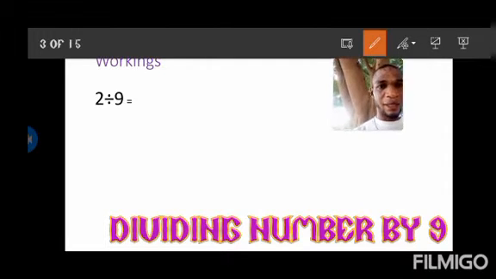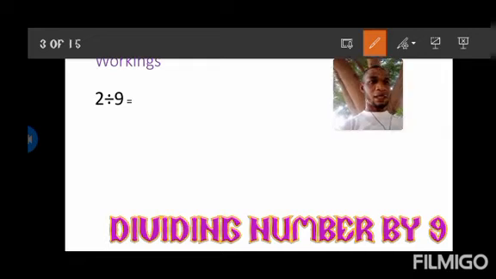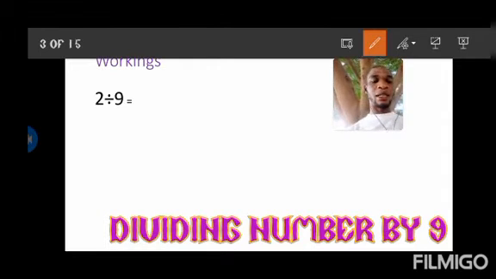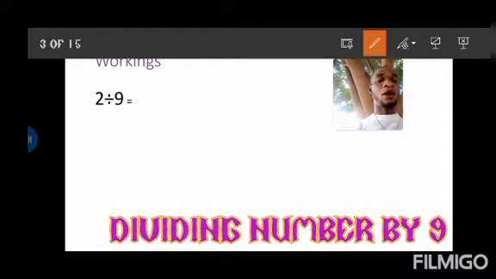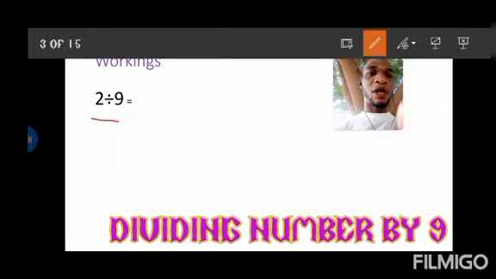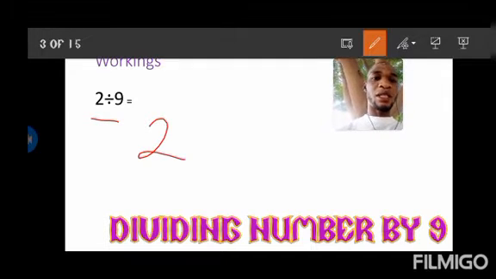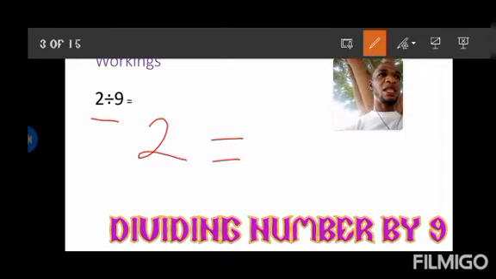Now let's look at this example, 2 divided by 9, and I want you to take a look at this number. So the law is very simple. You write out 2 divided by 9. The first number we have here is 2, and you see that 2 is less than 9.